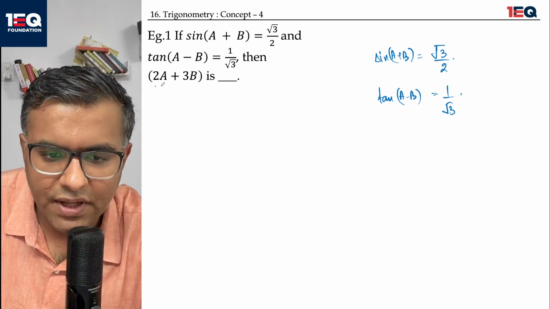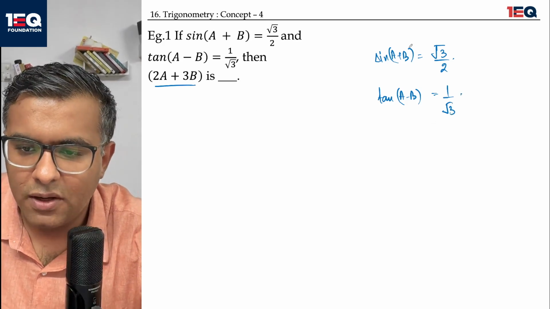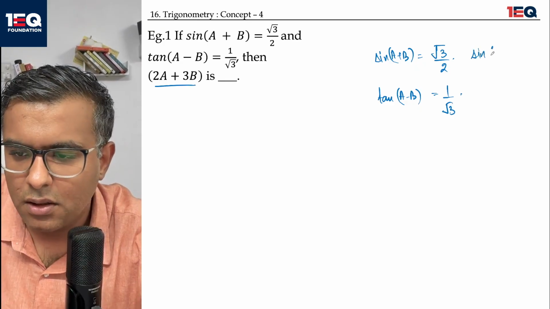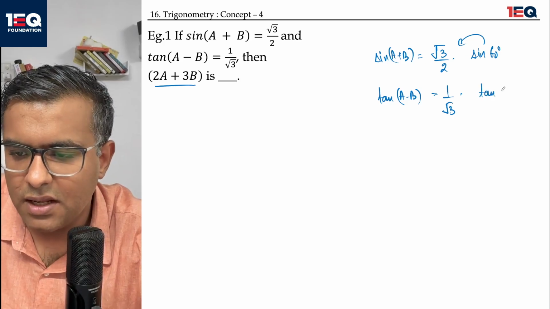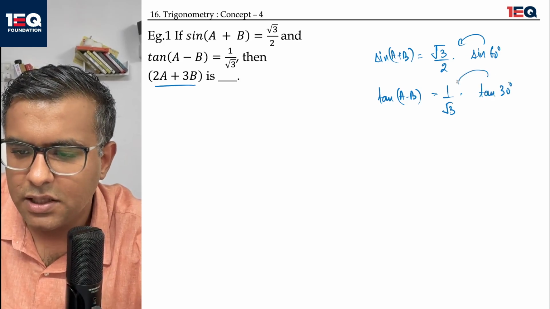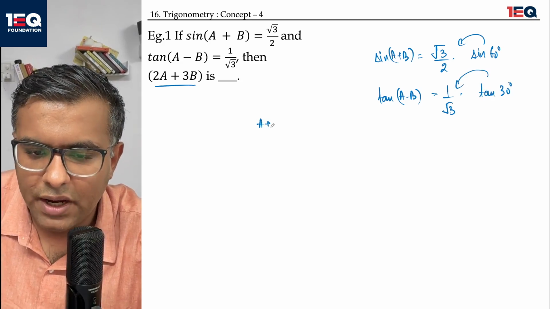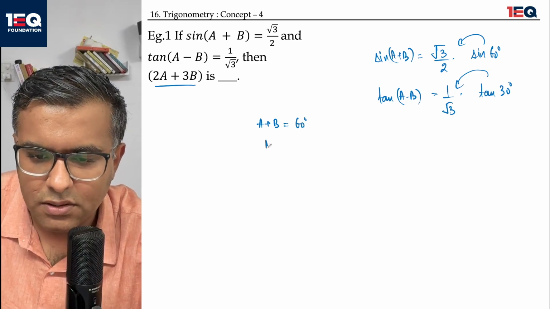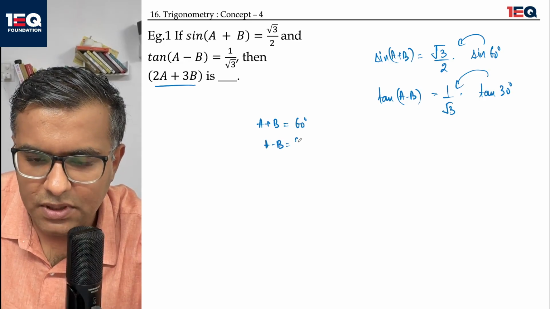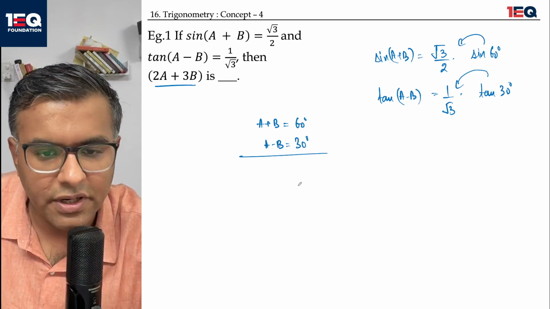I need to find out the value of 2a plus 3b. I know that sine at 60 degrees gives me this value, and tan at 30 degrees gives me this value. So I can deduce that a plus b is equal to 60 degrees and a minus b is equal to 30 degrees.